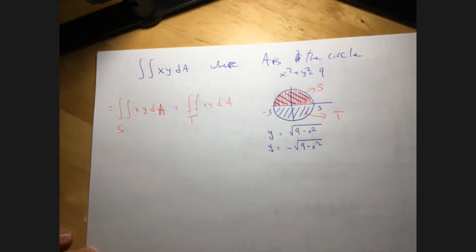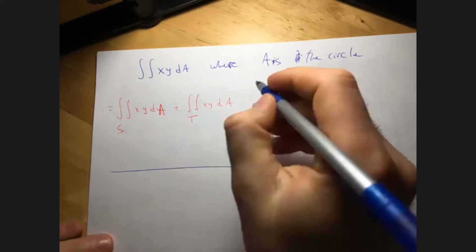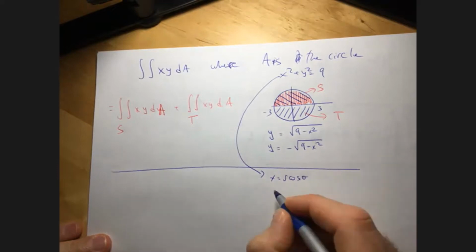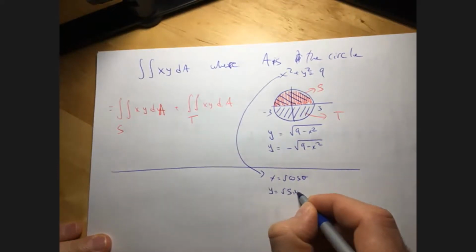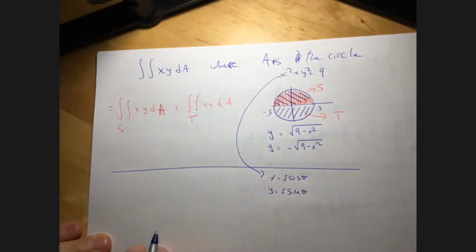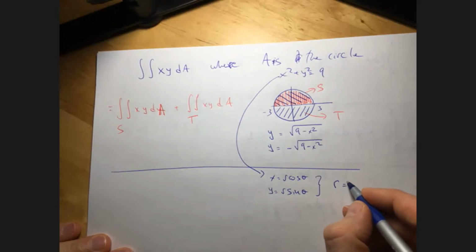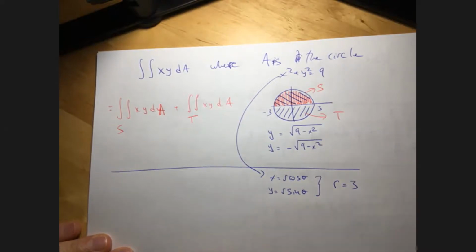Of course. What makes more sense is the following thing. From here, I get that r is equal to 3, right? And theta runs from 0 to 2 pi.